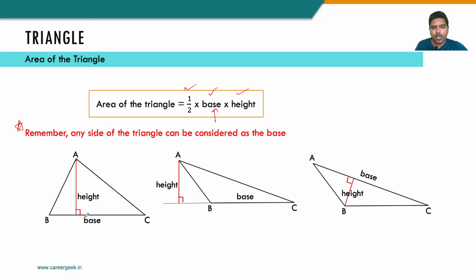Like if I want to take base as BC, I need to drop a perpendicular to the particular base BC. Okay, so this becomes my height and this becomes the base. So in this case, area will be half into base into height.